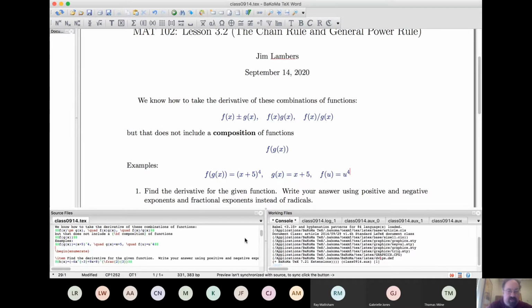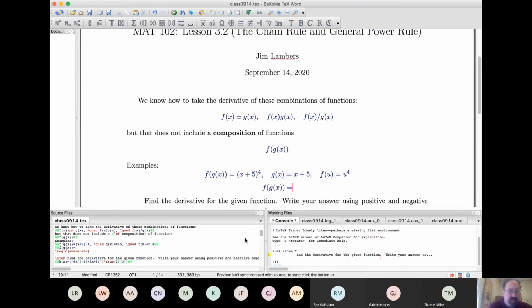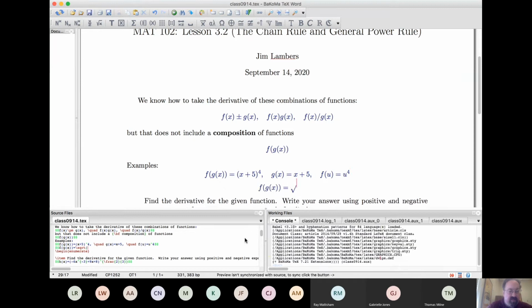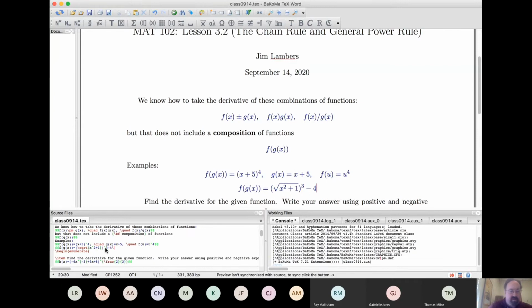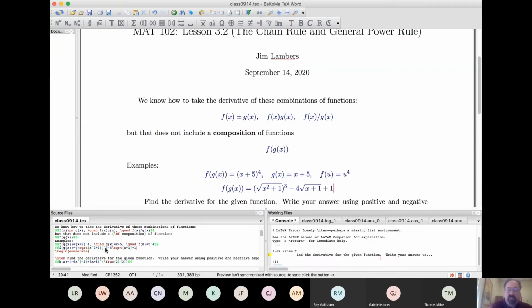I'll do another one. All right. So in this case, that should be x squared over here.